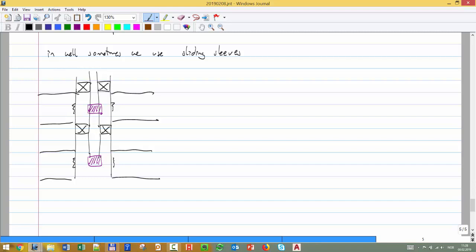Let's make the packer also here, just to make it simple. And this might be a sliding sleeve. We're going to see very soon what it is.